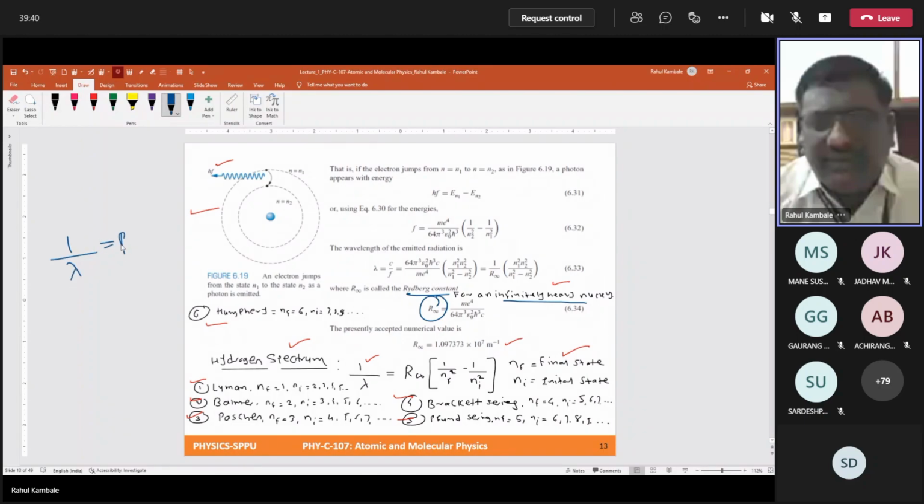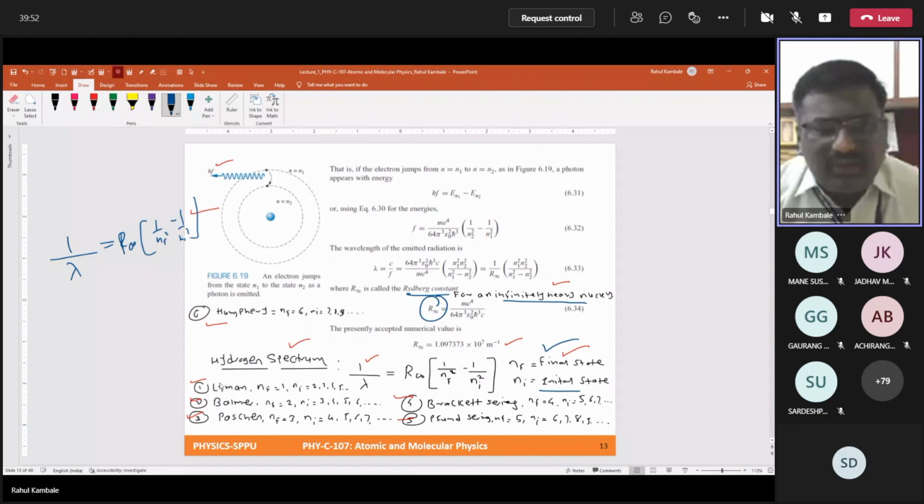You know this equation: R infinity times the bracket 1 upon nf squared minus 1 upon ni squared. So nf means the final state, ni means the initial state. Based on that, Lyman, Balmer, Paschen, Brackett, Pfund, and Humphreys, with nf equal to 6. This is what is shown over here. This is just the first class, just to brush up the model, that's why I have shown it here.